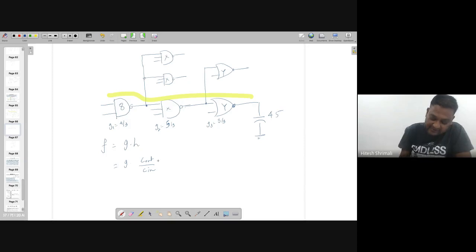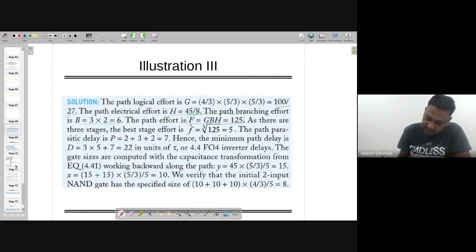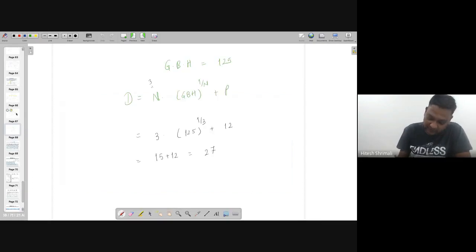So in that case, C out by C in is going to be equal to 5 by 3 multiplied by C out, which is 45, and C in is nothing but y. So you can write down 5 by 3 times 45 divided by f, where f is nothing but 5 in this case.